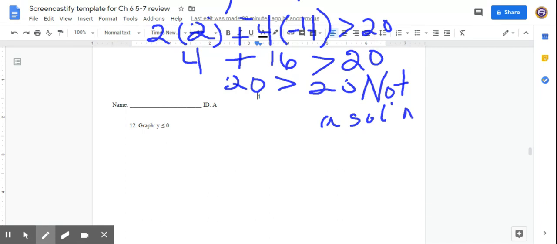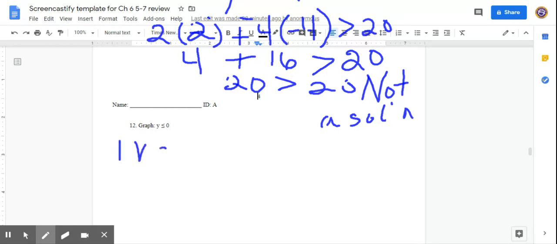All right, moving right along. All those examples were from 6.6. The next one is from 6.7. So we have a graph: y is less than or equal to 0. As soon as you see this, you should say to yourself, it only has one variable.